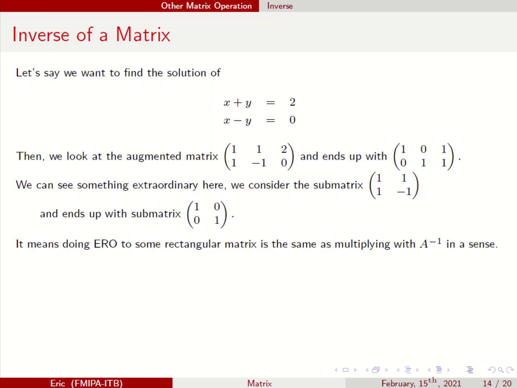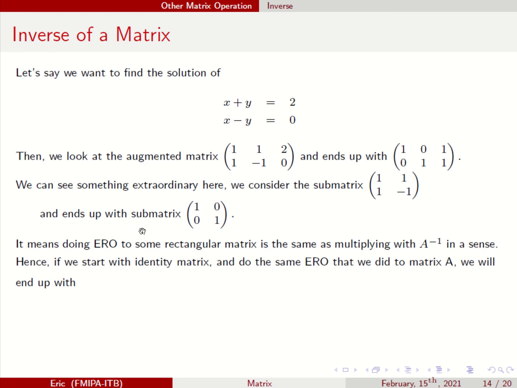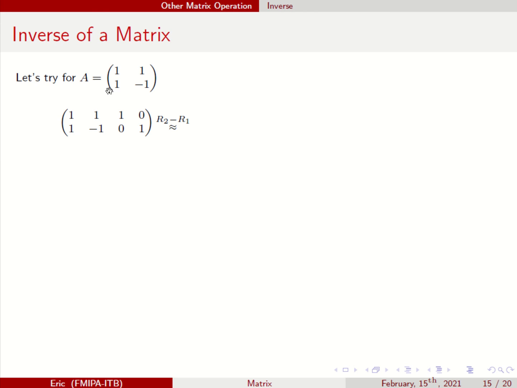Let's try doing that. I have [1 1; 1 -1], and I want to change this into [1 0; 0 1]. When I apply the same elementary row operations to the identity, it will change into A inverse.